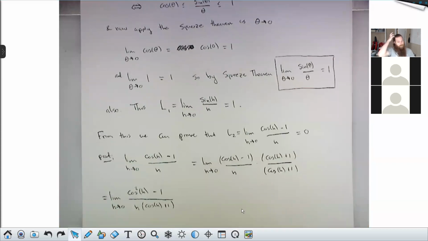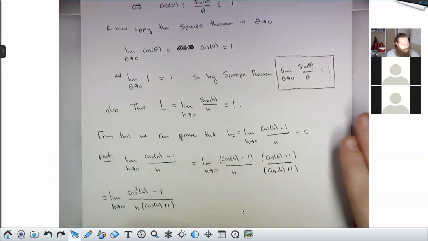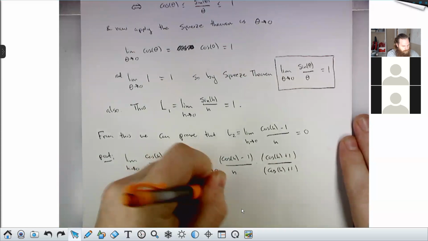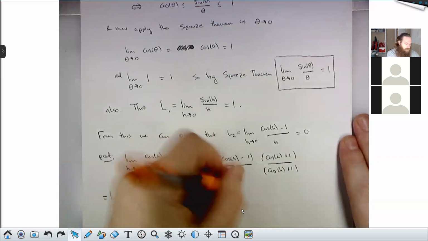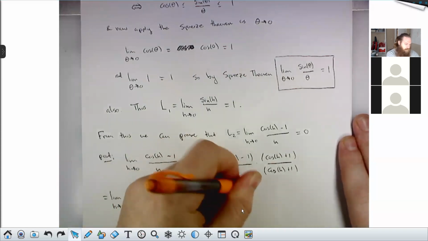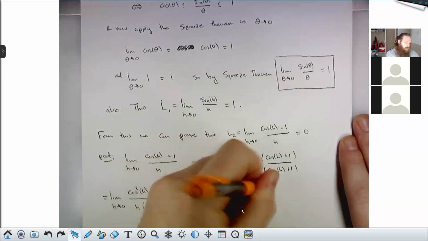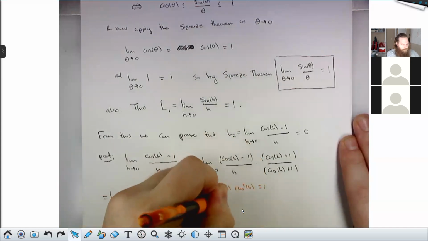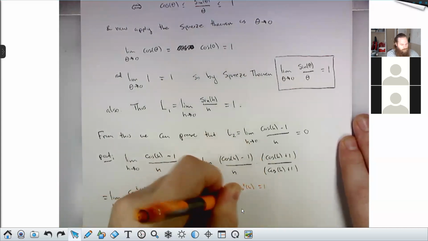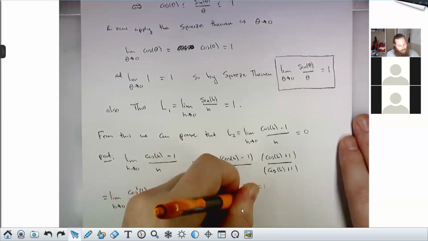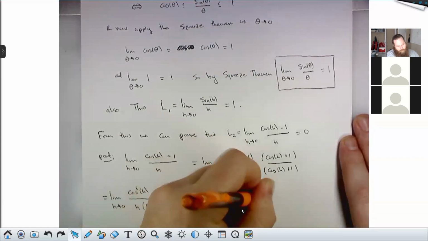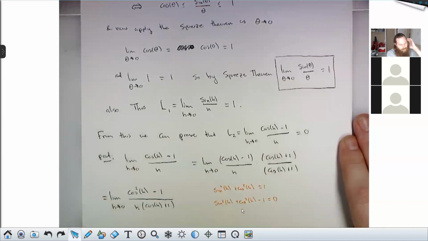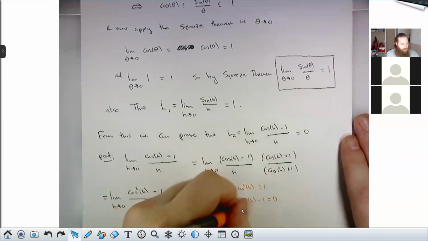It's a consequence of the Pythagorean identity. Sine squared plus cos squared equals 1. If you subtract the 1 over, you'll get sine squared h plus cos squared h minus 1 equals 0. And I want cos squared h minus 1, so I'll subtract the sine squared over now.